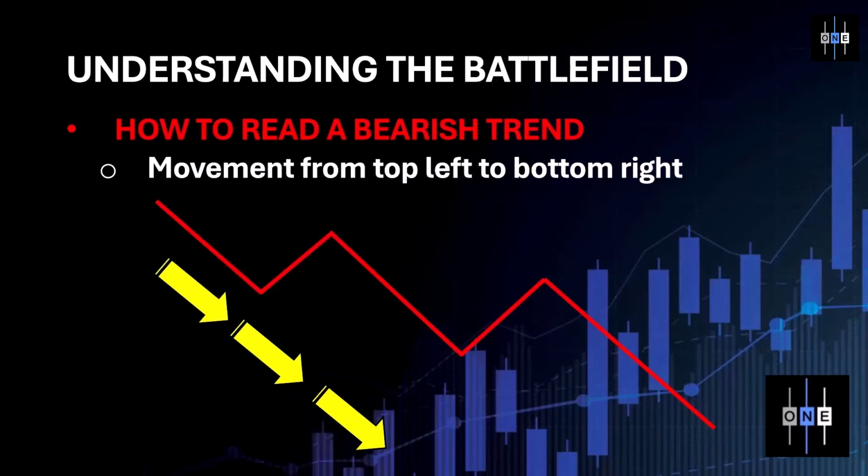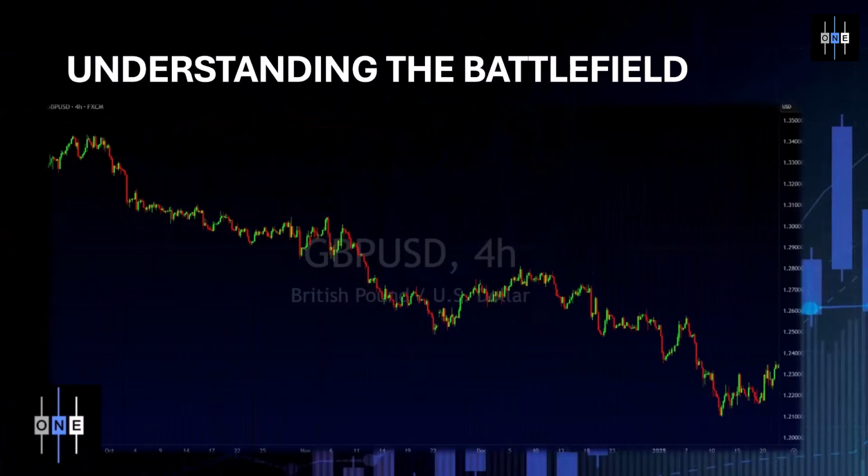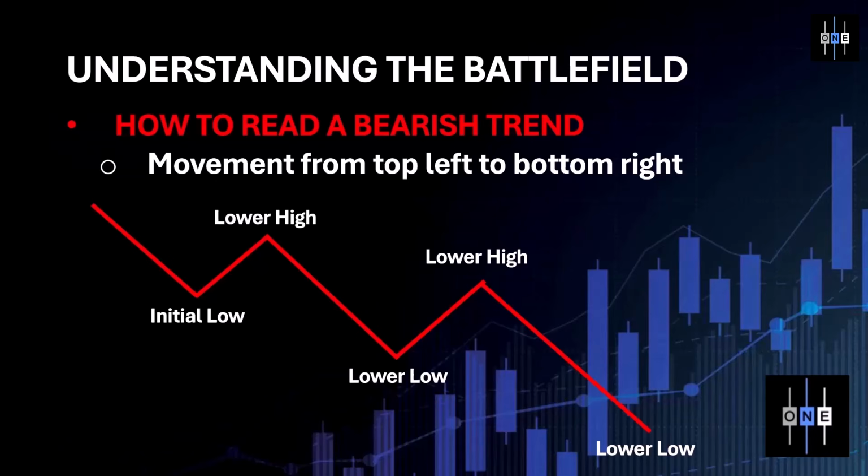So bearish trend, this time movement from top left to bottom right is the simplified bearish trend. Bearish trend on a chart, simple. Top left, going down to bottom right. How to read a bearish trend? The exact opposite of the bullish trend. So in the bullish trend, we're looking for consistency in higher highs and higher lows.